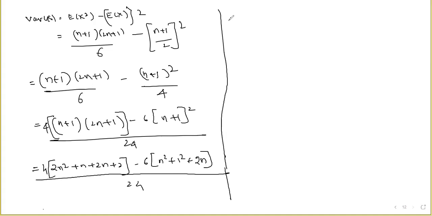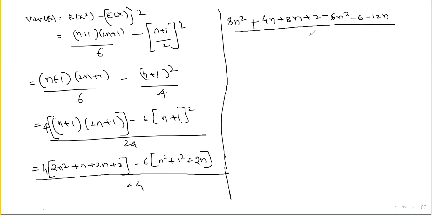So now this is equal to 8n square plus 4n plus 8n plus 8 minus 6n square minus 6 minus 12n, divided by 24.